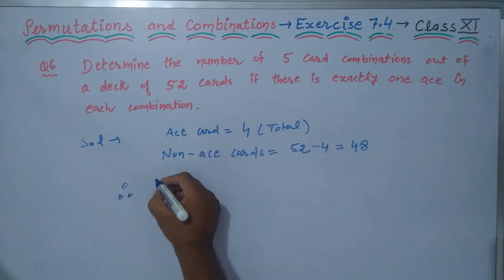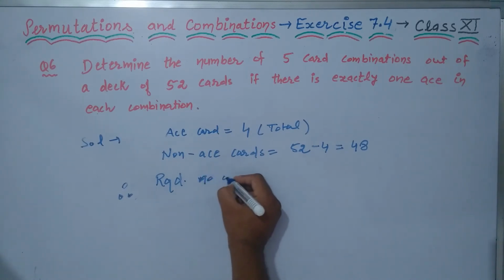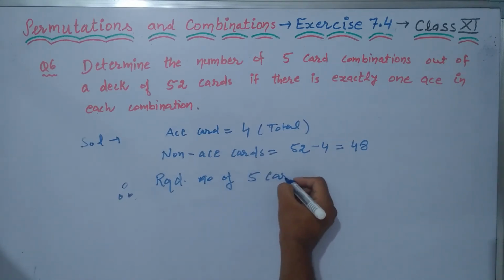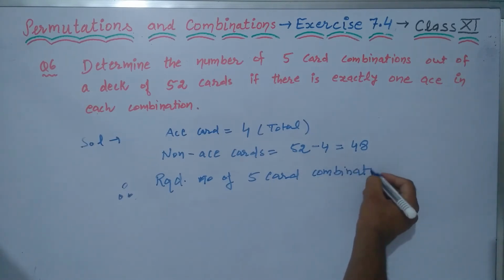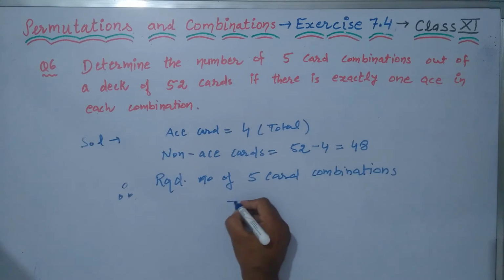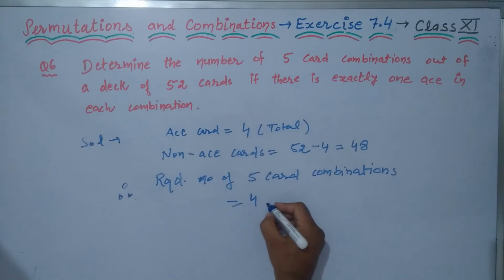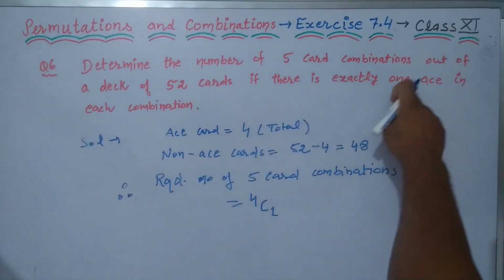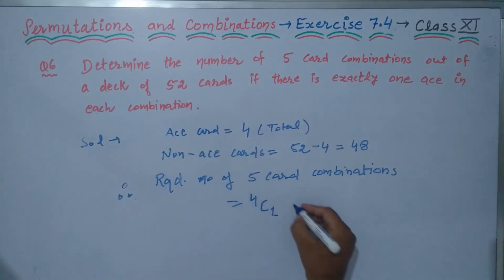Therefore, the required number of 5 card combinations is equal to: out of 4 ace cards we have to select one. This is a must, exactly one ace card in each combination. So this way one card is selected.